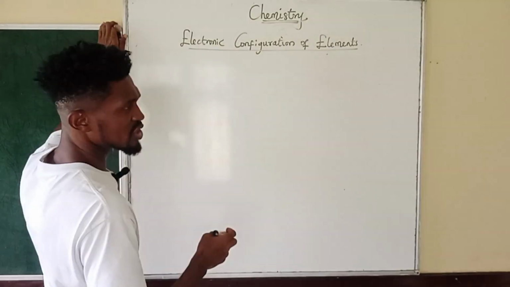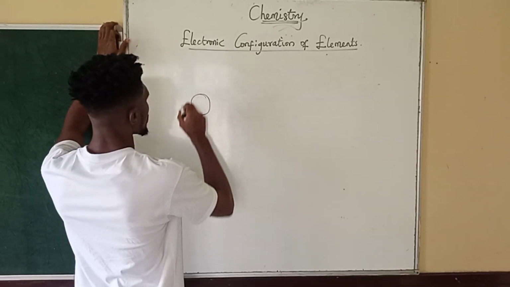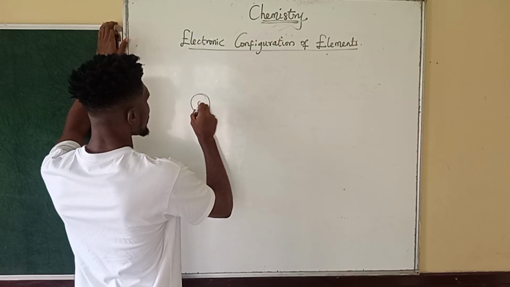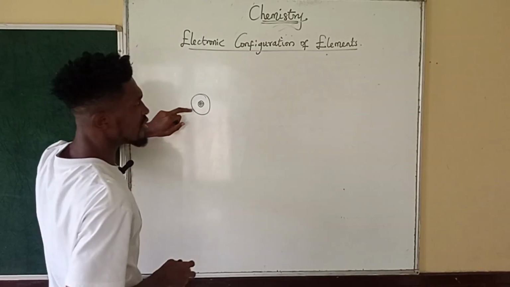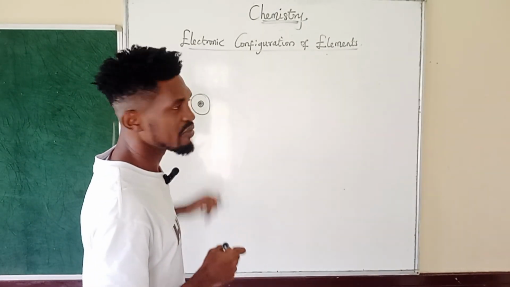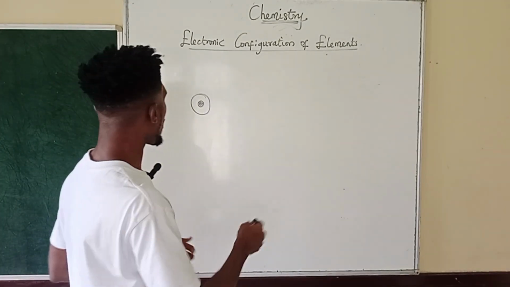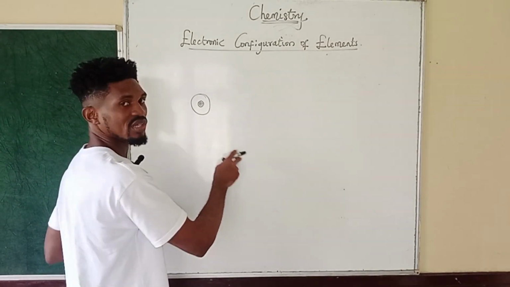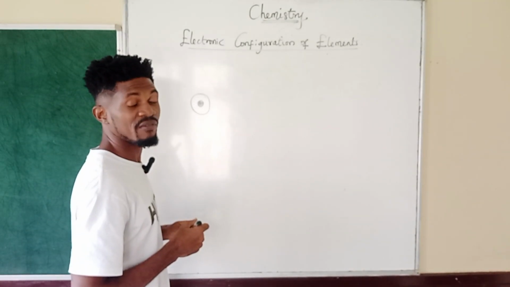In the electronic configuration of elements, the first one will have the first shell, but then we'll have a dense center which is referred to as the nucleus. I've also done a video like that before we even did the first 20 elements. You can go back to that and watch the constituents of an atom.